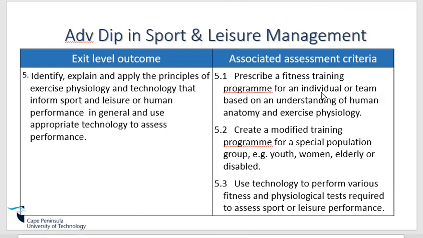Okay? Prescribe a fitness training program. Apply the principles of exercise, and it's all here. Make sure that everything that you have mentioned in the learning outcome is related to an associated assessment criterion.